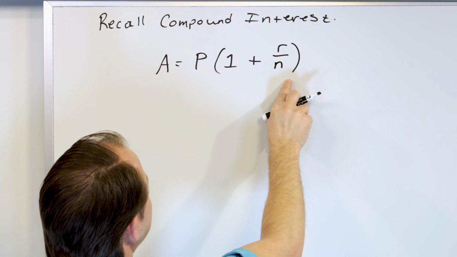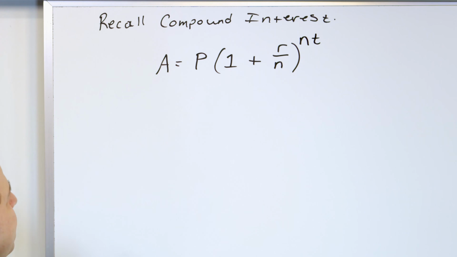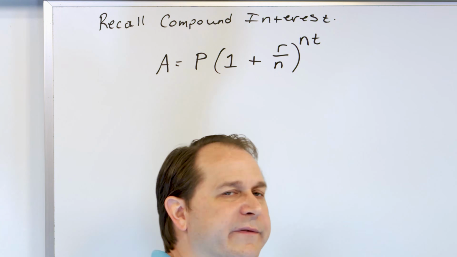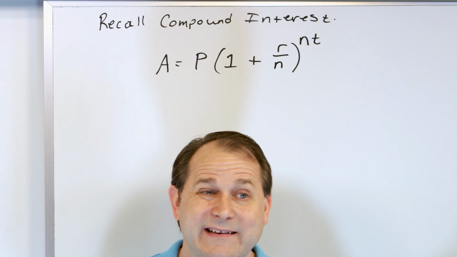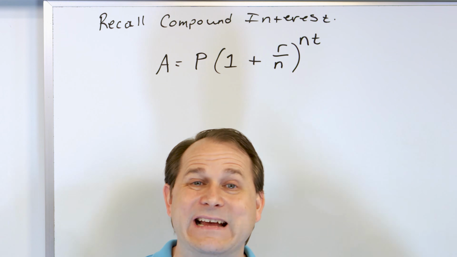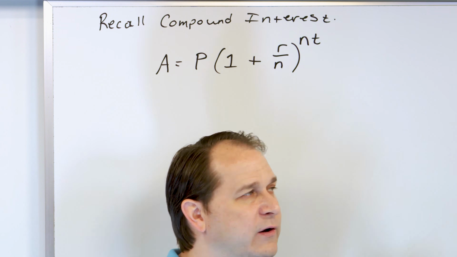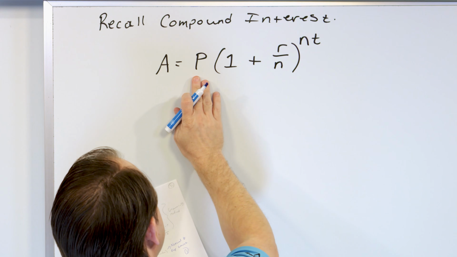And this is all raised to the exponent of the number of compounding periods times the time in years. If you don't know where this formula comes from, if you've never seen it before, it just means you haven't watched my lessons on compound interest. So I highly recommend that you go watch that because I explain exactly where every little part of this equation comes from. But just to make sure we're all on the same page, this is the principal you invest.